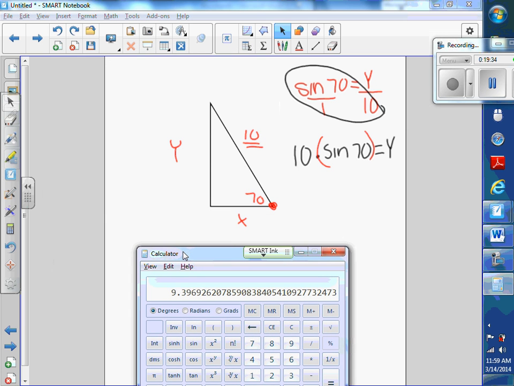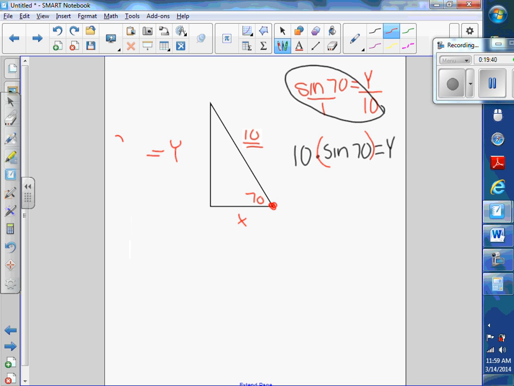And this only works for right triangles. Hold on, guys. Do you guys see that? So this is about 9.4. If I use the Pythagorean theorem now, I could get x, and if I do trig, I can get x. They should be the same. So 100 equals 9.4 squared plus x squared.